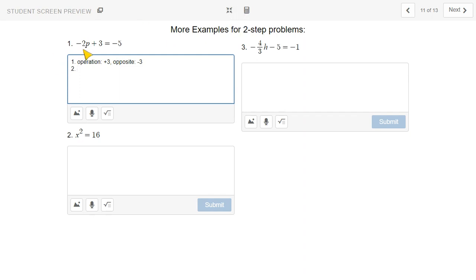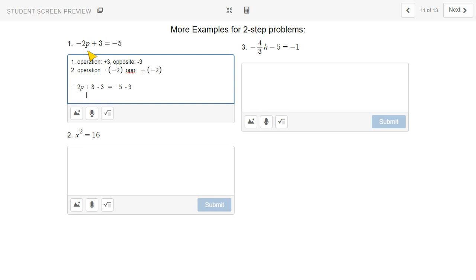The second thing is we have the coefficient of negative 2. Opposite is to divide by negative 2. Let's rewrite negative 2p plus 3. Now we're going to subtract 3, equals negative 5 minus 3.